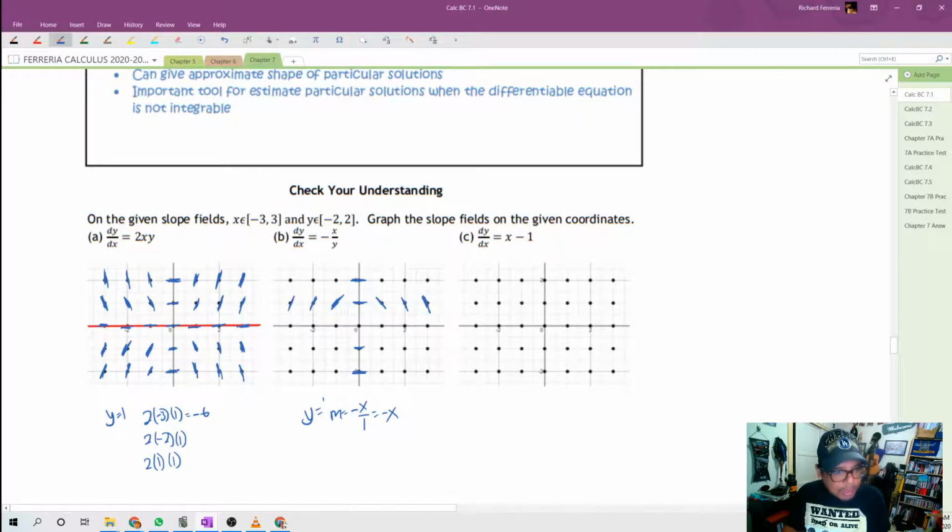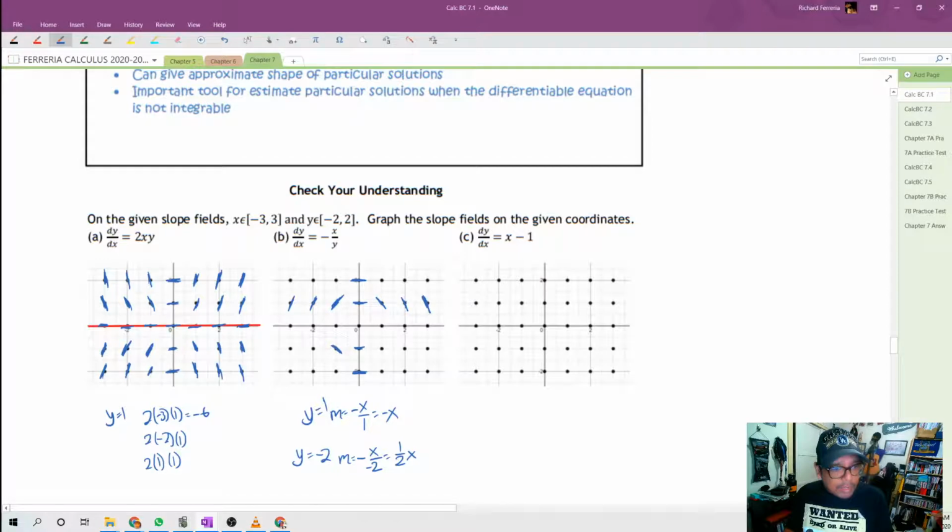Likewise, if we take a look at when y equals -2, then the slope is going to be negative of the x-coordinate over -2, which is just half the x-coordinate. So down over here, the x-coordinate is -1. Half of -1 is -1/2. So the slope should kind of look like this.